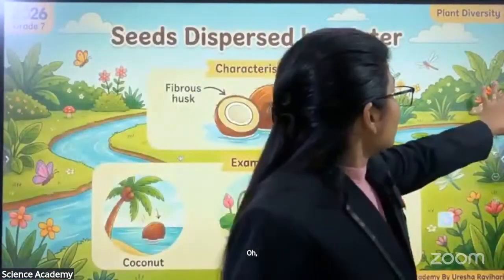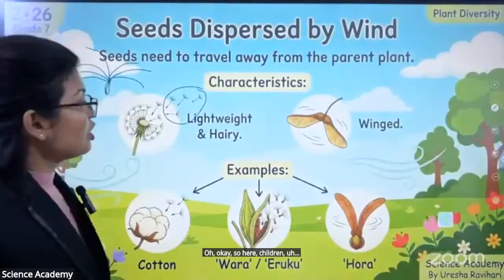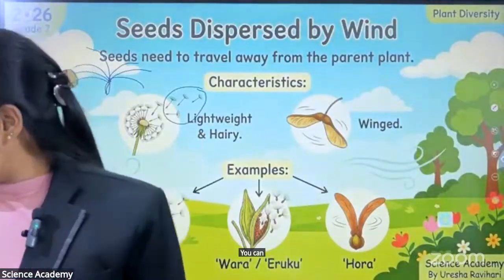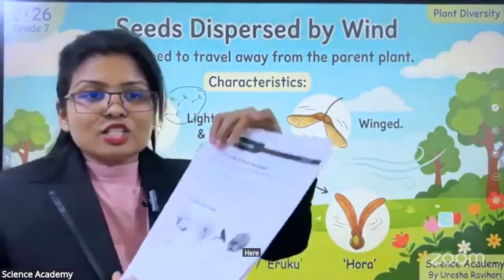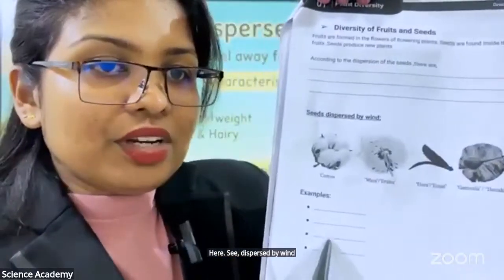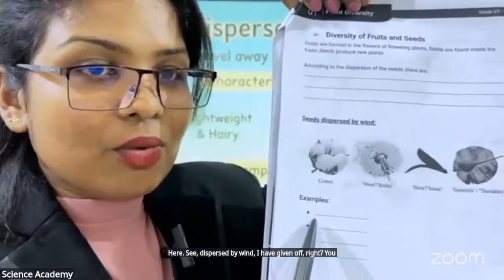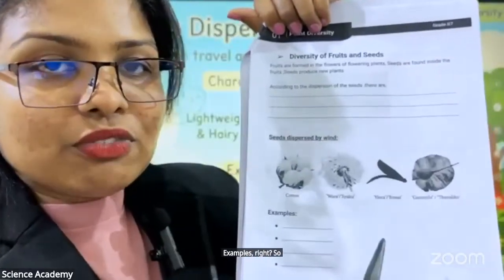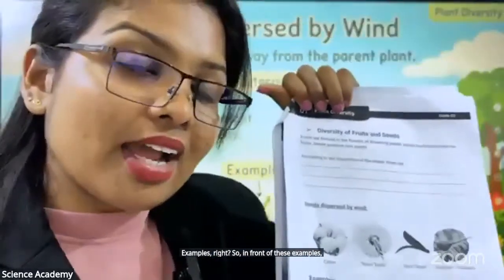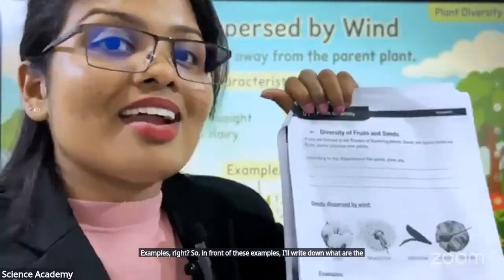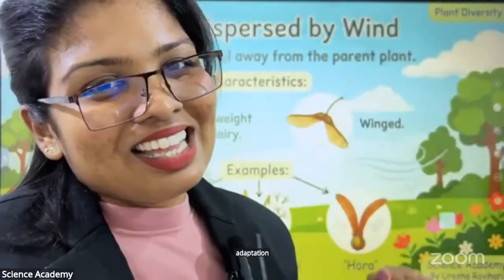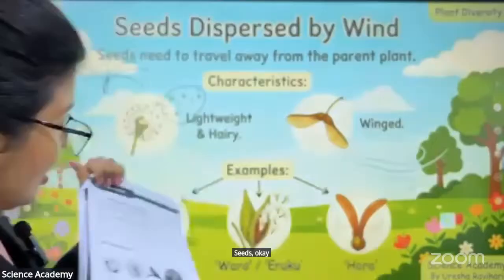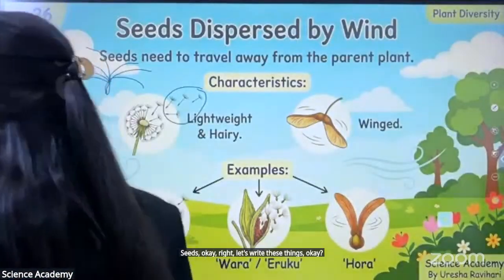Okay. So here children, you can write down here: seed dispersed by wind, I have given, right? You can write down examples. In front of these examples, I'll write down what are the adaptations of these seeds. Let's write these things.